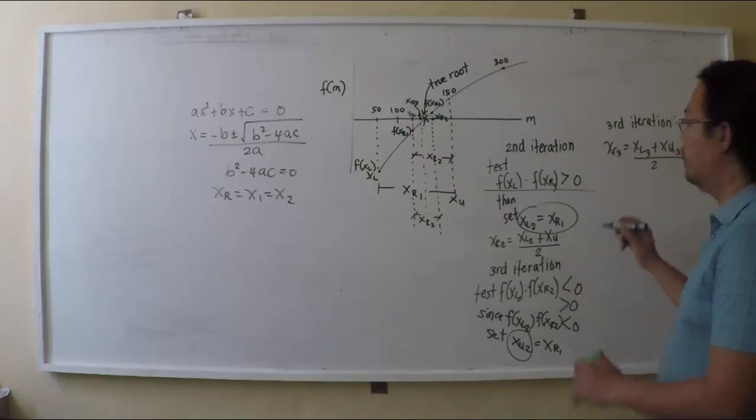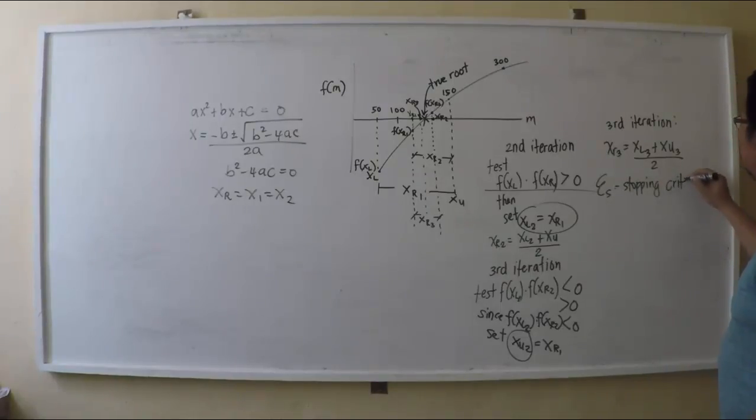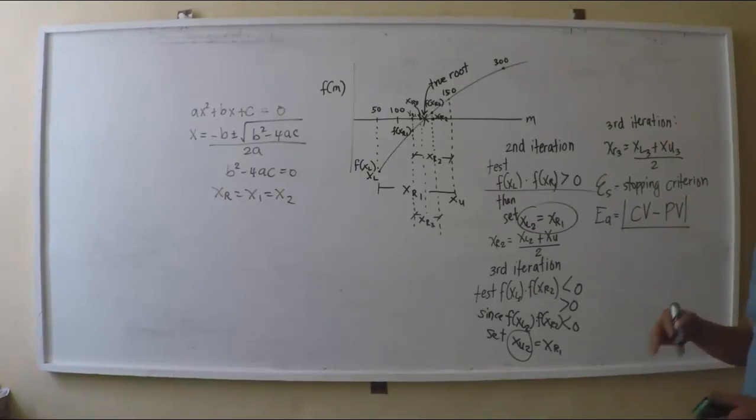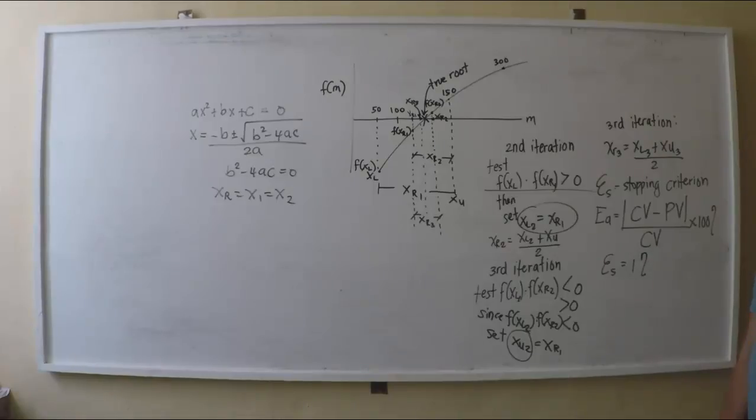And then we define here a stopping criterion. You compute the error one by one, remembering that this is equal to the current value minus previous value over the current value, times 100 to make it a percentage. For example, let's say the stopping criterion is equal to 1%. Now you compute the approximate error.